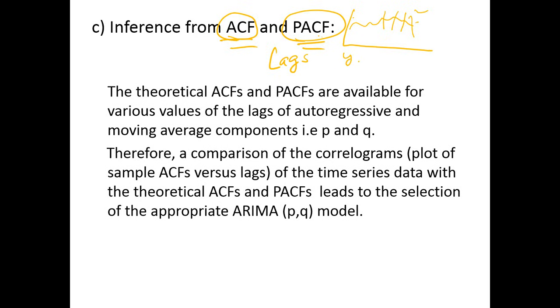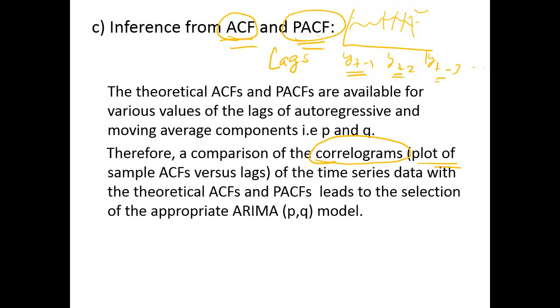Lags means whether it should take t minus 1, t minus 2, t minus 3 or so on. So how many lags you should take. To know that, we plot what is known as a correlogram.